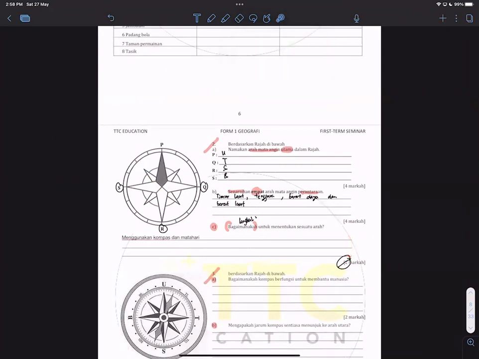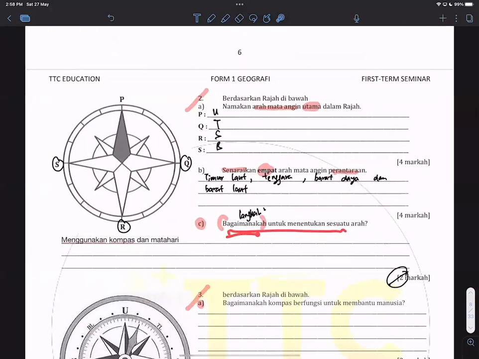But whenever I see still the same question, bagaimana untuk menentukan sesuatu arah, just giving 2 marks, which means they are not asking for specific langkah. They're asking for the method, kompas and matahari. So you guys know there's another additional method, right? So the additional method is kedudukan bintang.